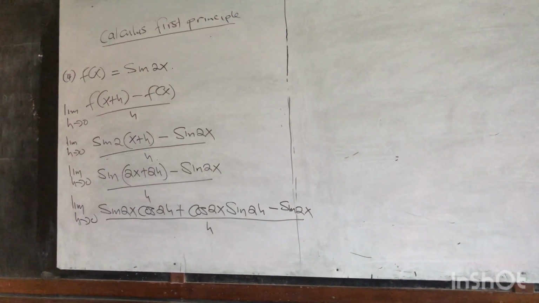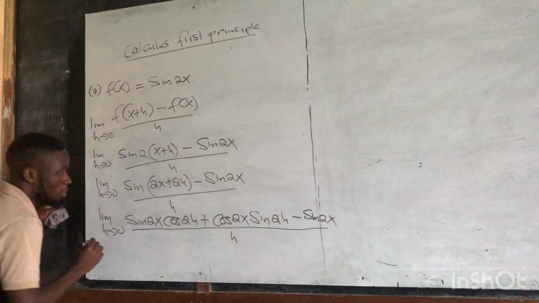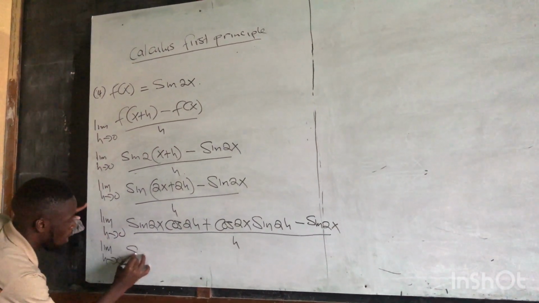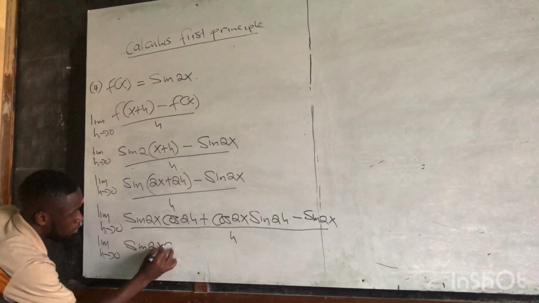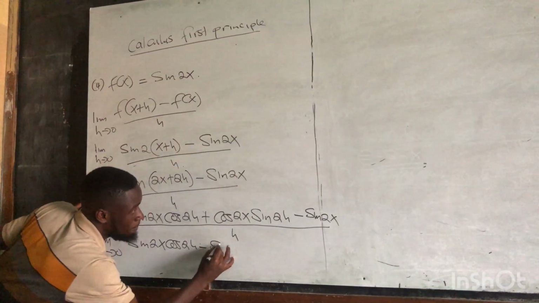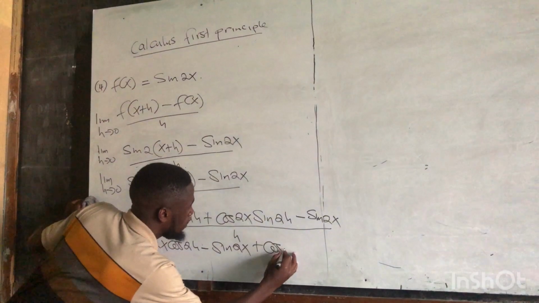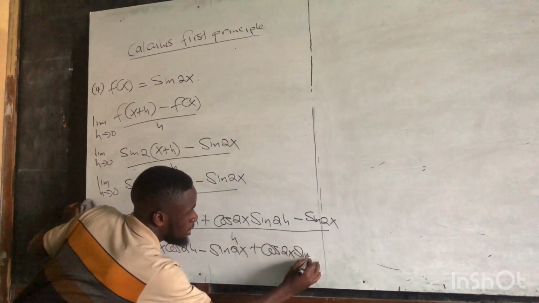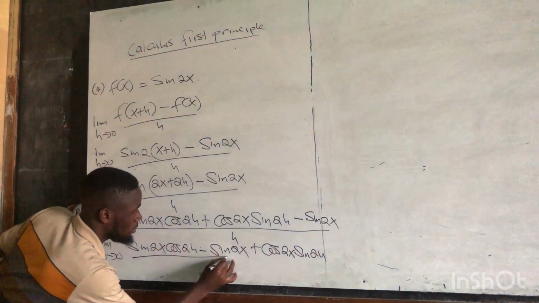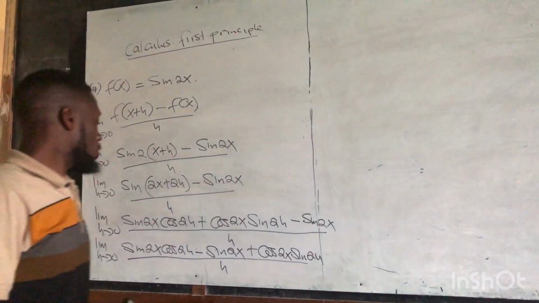Okay? And again, we can do the same thing. Let's bring this one with sine closer to this one, which starts with sine. So limit as h is approaching 0 of sine 2x cos 2h minus sine 2x plus cos 2x sine 2h, everything over h. Okay?